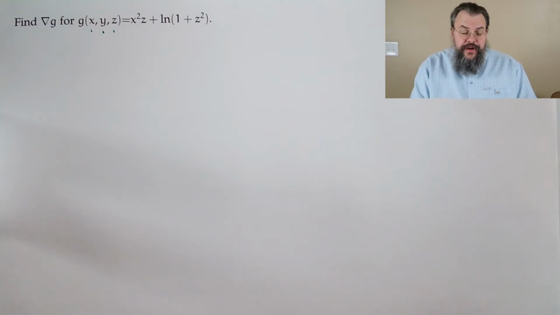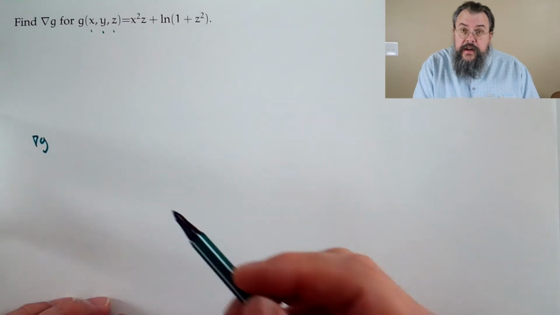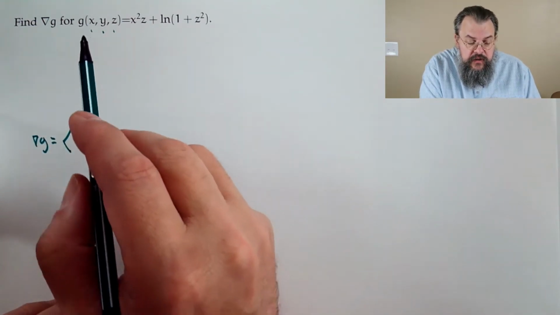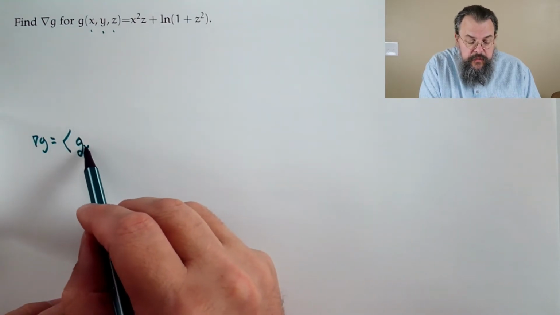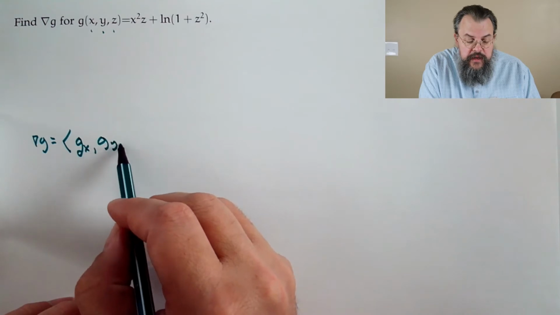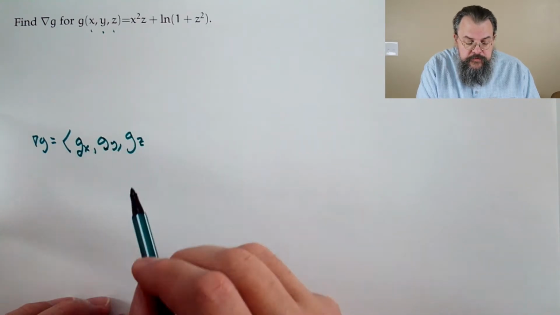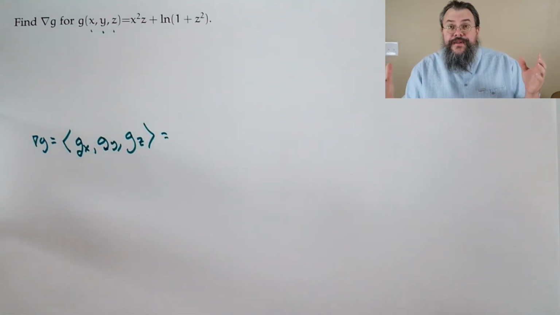So what's our gradient? Our gradient in this case is still a vector because gradients are vectors, and it's a set of partial derivatives. So we do it with respect to each variable. We can write it as g sub x, comma, g sub y, comma, and g sub z. There we go. So again, just go through and take derivatives.